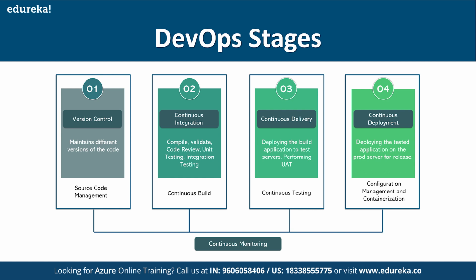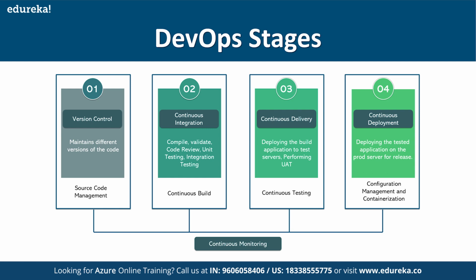When you come to deployment, this is the actual part once you have tested your application and it is ready for the prod server for release. So deploying the tested application on the prod server for release. Configuration management and containerization are part of continuous deployment.